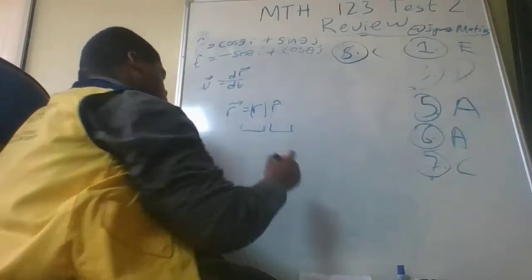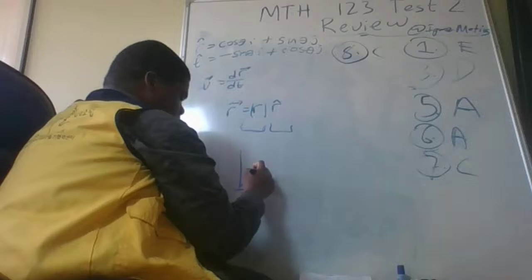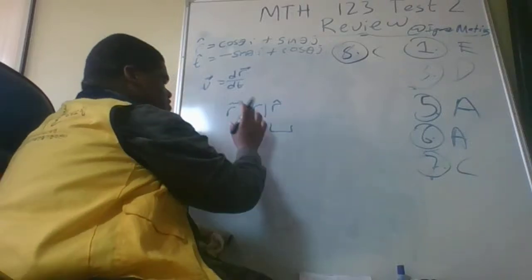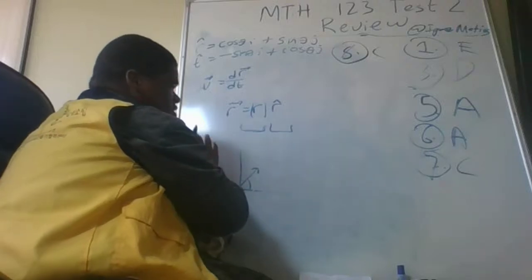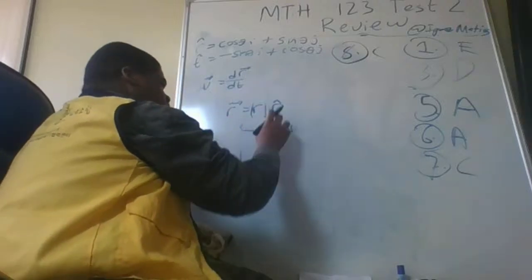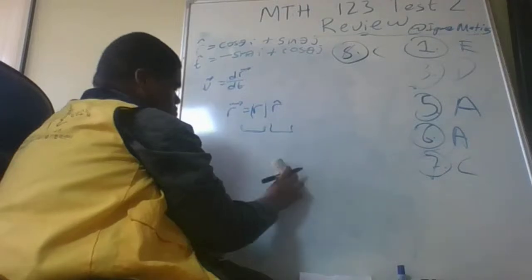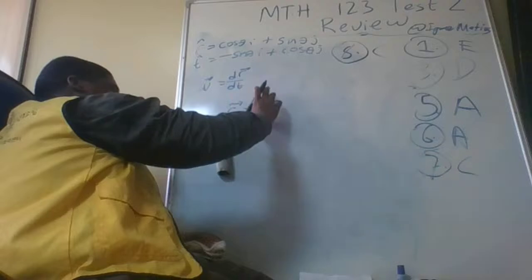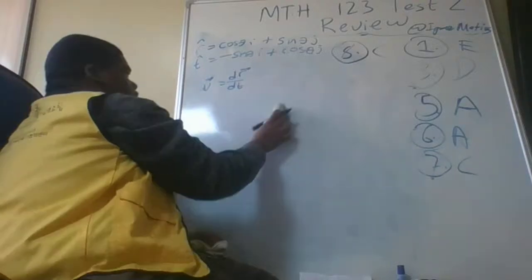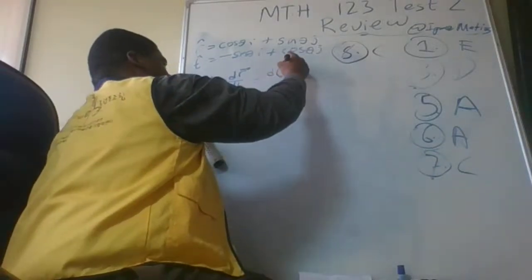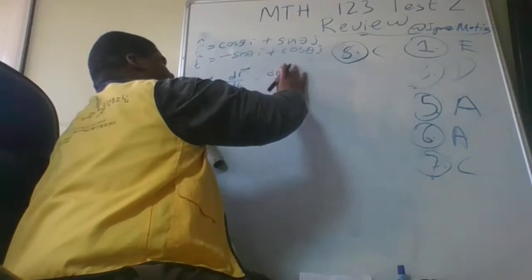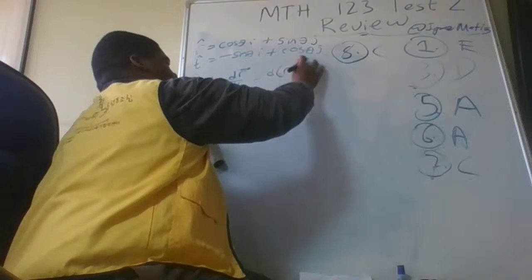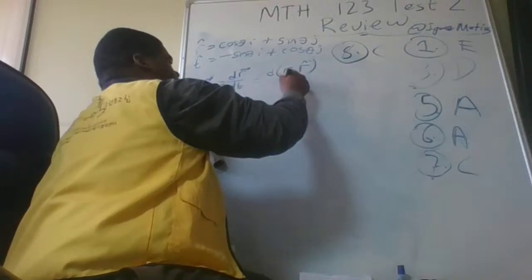Okay. So if you are defining our unit vector, remember the unit vector has a magnitude of 1 and it has a particular direction. So our magnitude of the vector defines the length, while our unit vector defines its direction. Okay, so we have our vector equal to its magnitude times its unit vector. So this is equal to the derivative of our magnitude, or let us call it r, times the unit vector with respect to time.